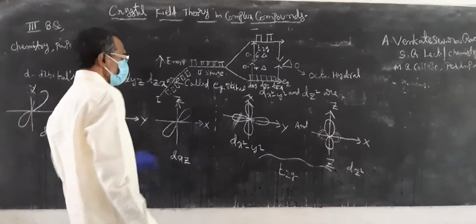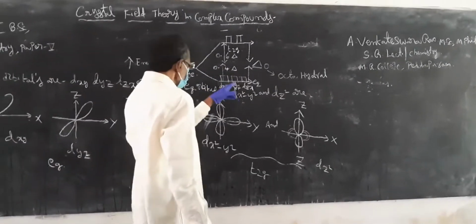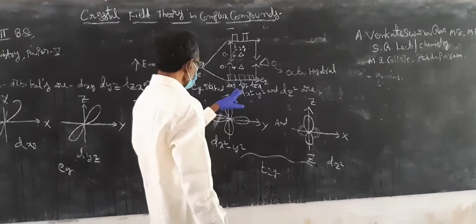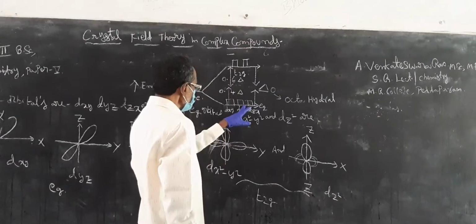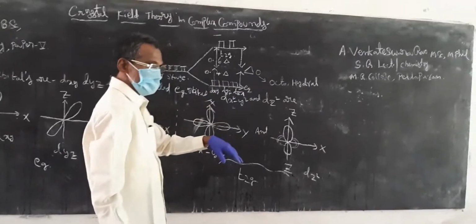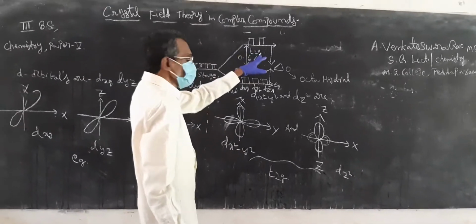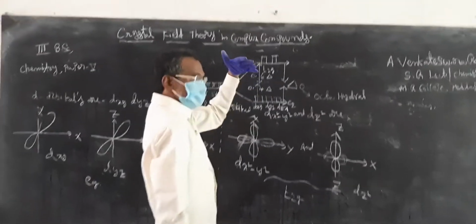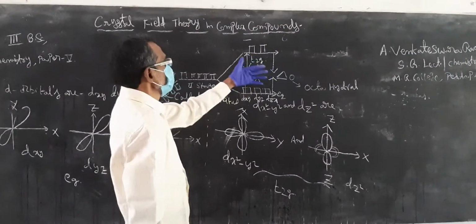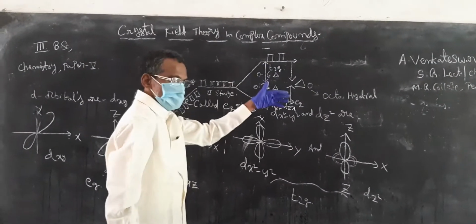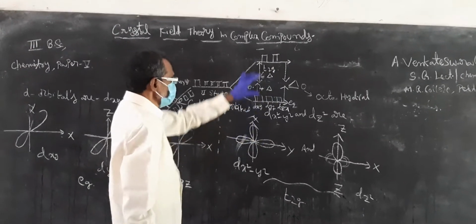So this diagram explains that the Eg orbitals occupy lower energy and are more stable, and the T2g orbitals are at a higher stage and less stable.